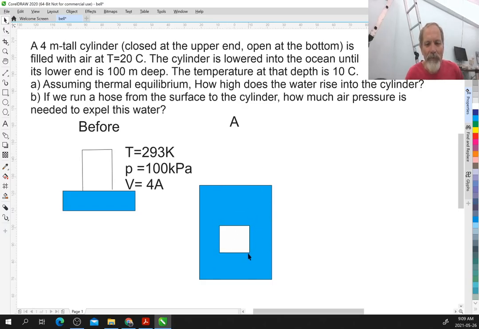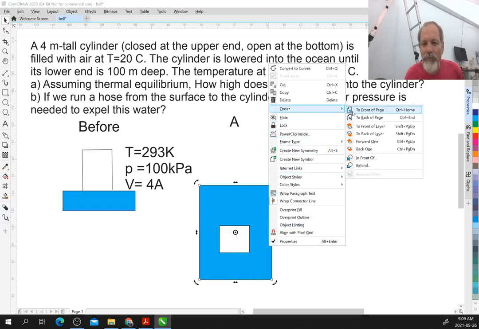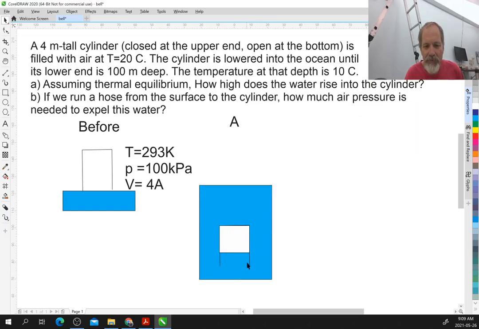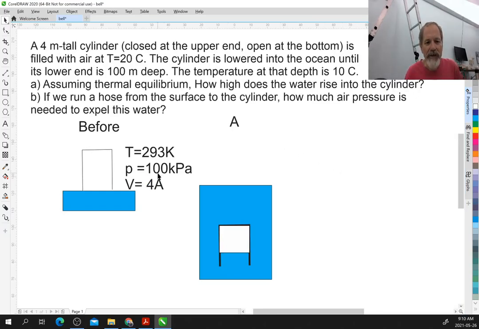Okay, and maybe I should make this one wider so I can see him clearly. Let's make him a thicker line. There, okay, there he is. Okay, good. All right. So there's my next situation.